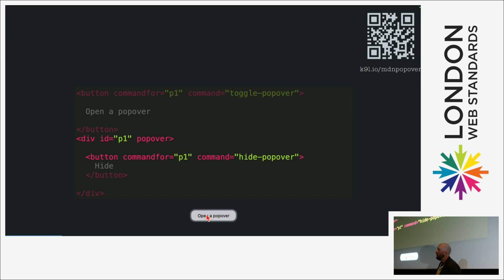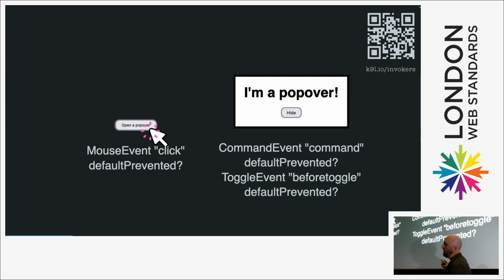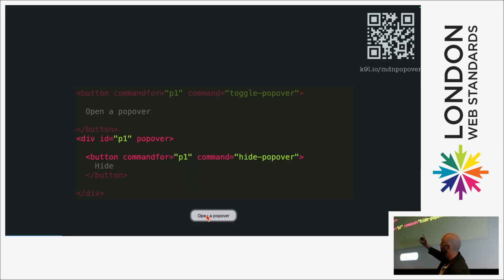Toggle state. Yeah. So all of these events are composed, which means that they cross shadow boundaries. So you can listen to them on the host element. In regards to command-for, you might notice command-for takes an ID ref, and ID refs do not cross shadow boundaries.